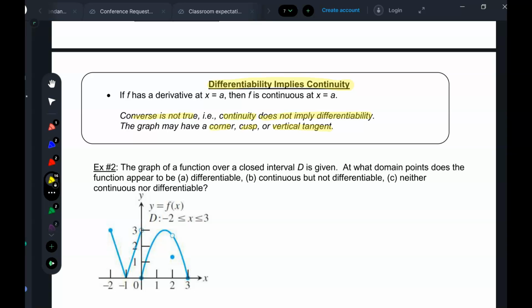So if it's differentiable, we automatically know it's a nice, continuous curve. But that doesn't mean it could not still have a cusp or a vertical tangent. So if it's continuous, it doesn't mean it's differentiable, but if it's differentiable, it's continuous.